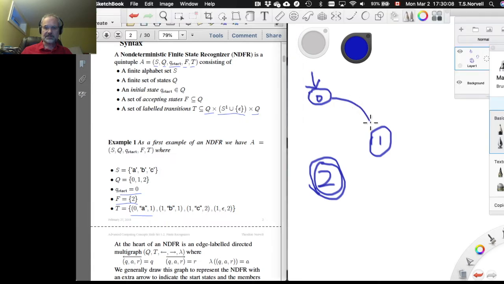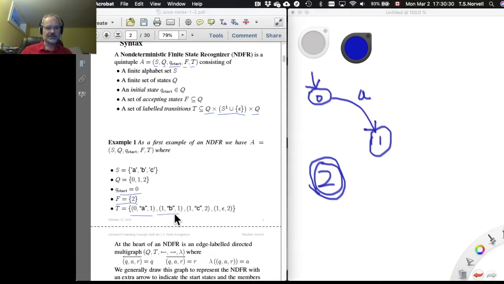I'll represent that with an edge going from 0 to 1, and the label on that is the length 1 string with just an A in it. I'll just put an A, without square brackets, since you know it's a string. That was one transition.